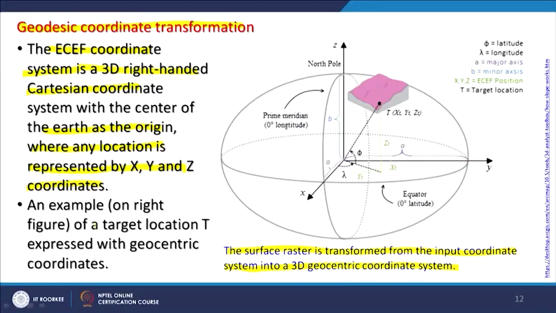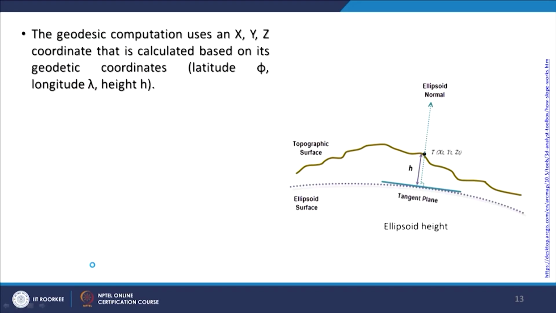In GPS or GNSS you get an estimation of the height, which is why they also follow a similar geodetic Cartesian coordinate system, the 3D ECEF. Here, for a target location T, shown as x1, y1 and z1, which is expressed in the geocentric coordinate system, you get better results.